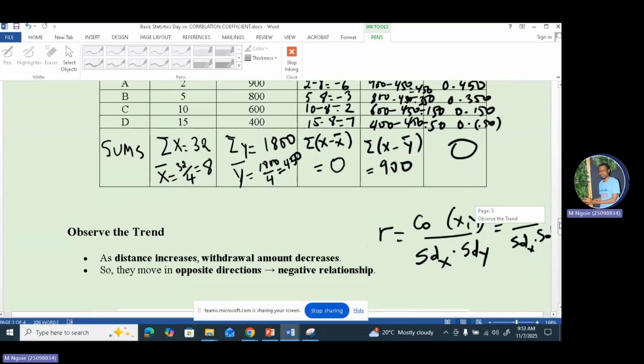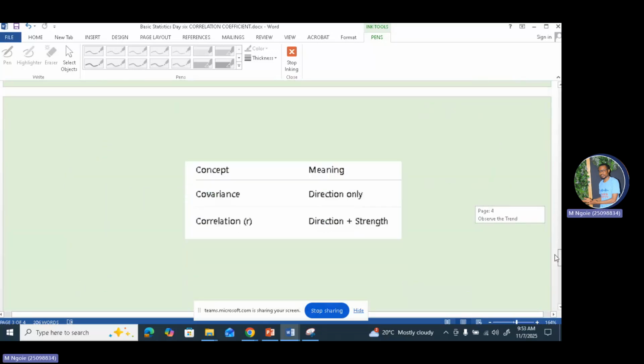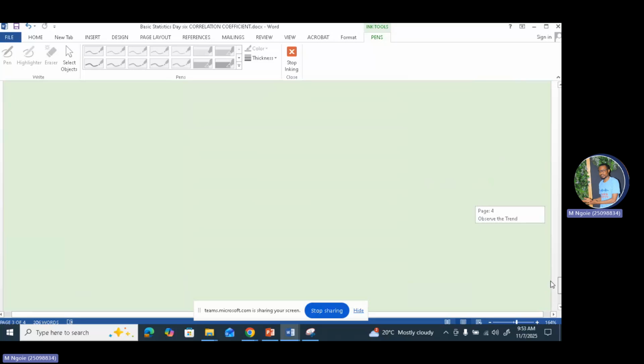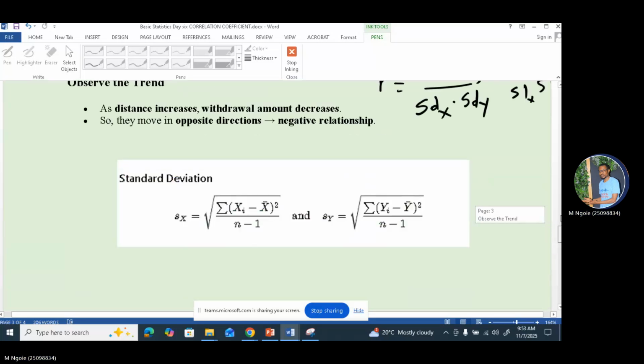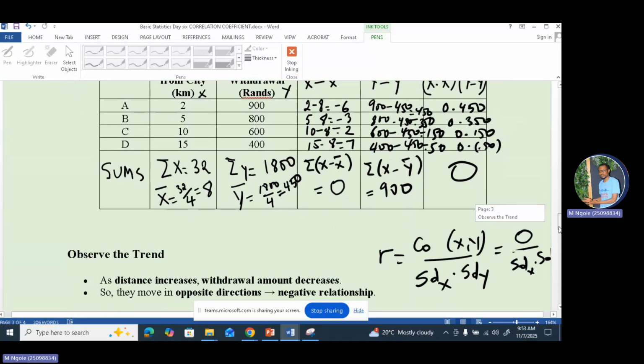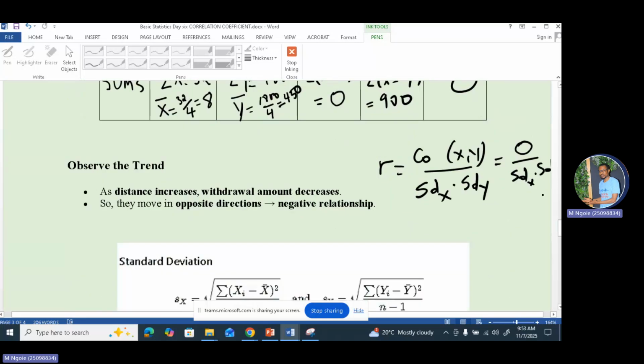So now you're gonna have your own exercises that you need to practice, right? So from here, 0, okay, let's say this is a number, right? Let standard deviation of x be a number.